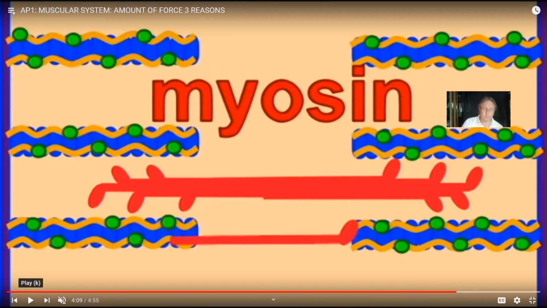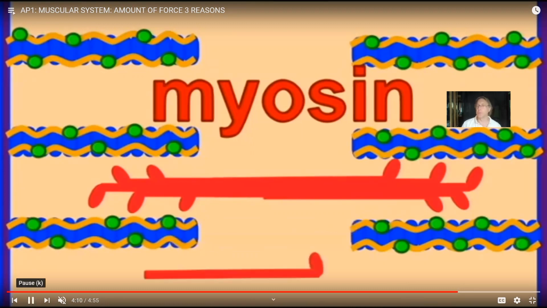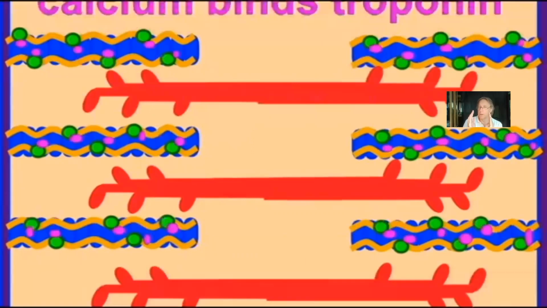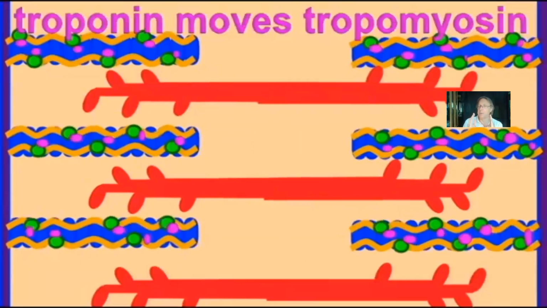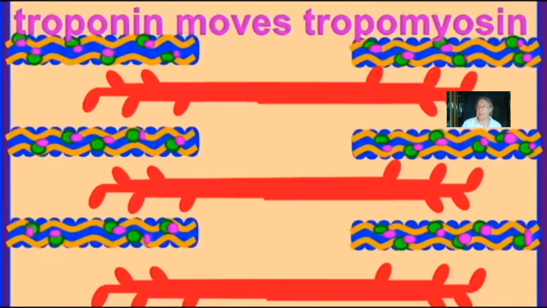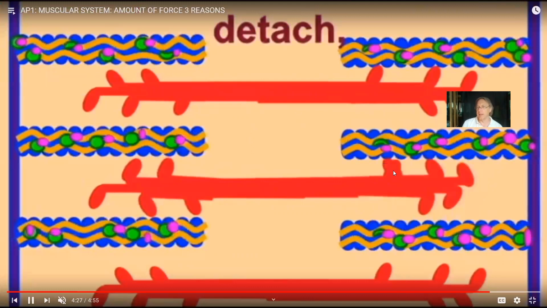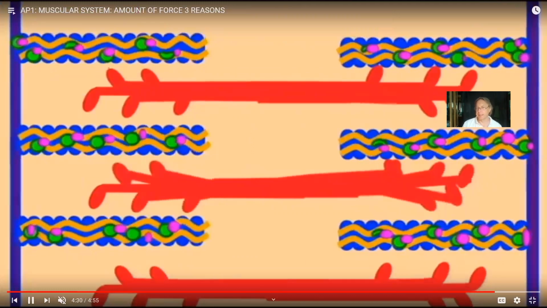And so we generate the most force in exercise when the most number of these globular heads are contacting actin. But if the sarcomere is shorter than its optimal length, or longer than its optimal length, you reduce the number of these heads which can actually contact the actin, and thus force is less.